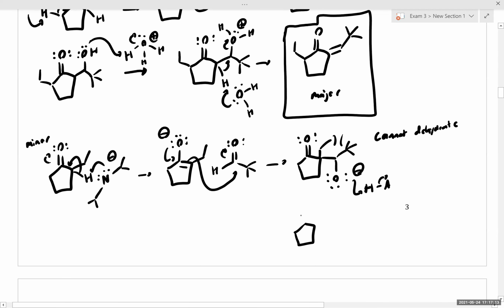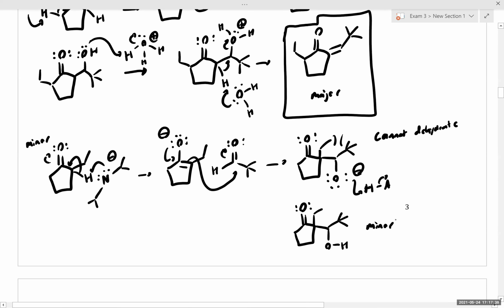So this beta hydroxy ketone product is not going to be particularly easy to isolate. You're going to see a lot more of the major product compared to this minor aldol product. And that's simply because this aldol reaction is reversible up until the dehydration step. You see equilibration between the major and minor product in most cases.